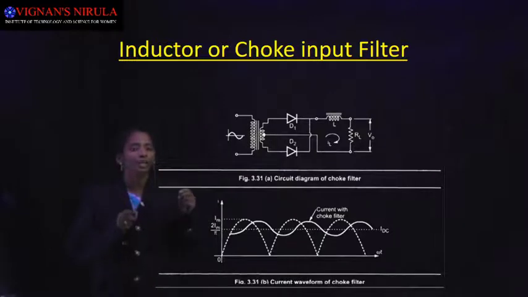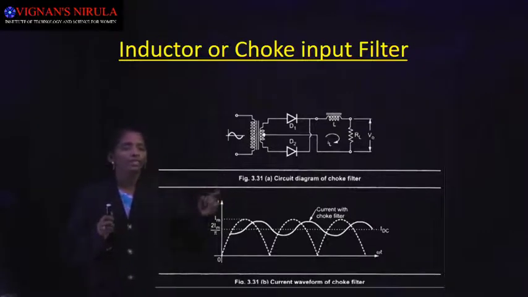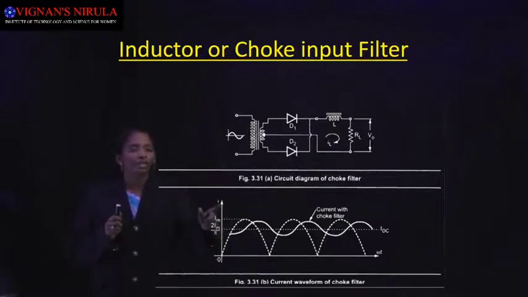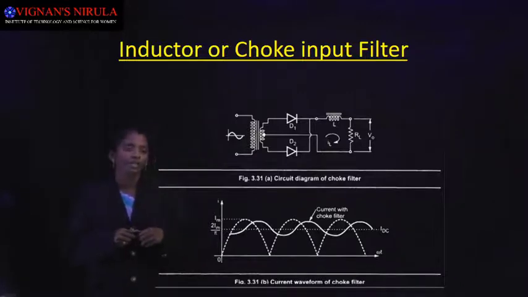So at the input of the inductor we get AC and DC, but at the output side we get only DC. This is the waveform of the inductor filter, or choke input filter. For low frequencies it allows, and for higher frequencies it blocks AC. At the output of the inductor filter we will get DC only.